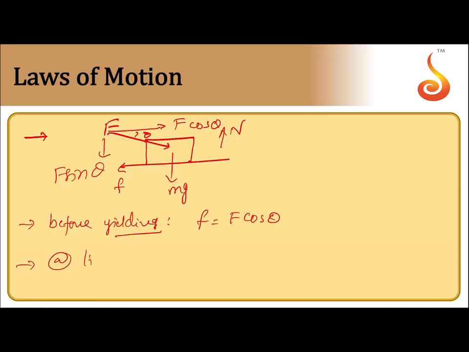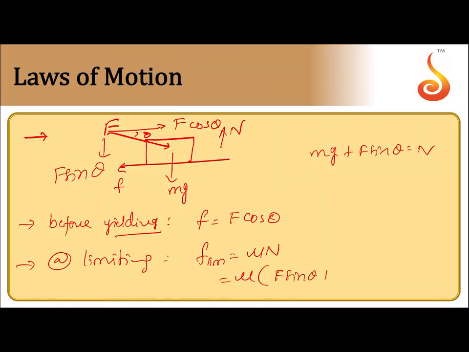But when the limiting case is reached, then limiting friction is equal to mu n. What is that n equal to? How do we get it? Mg plus F sin theta is equal to n. So this is mu into F sin theta plus mg. So this is the limiting friction. That's right.